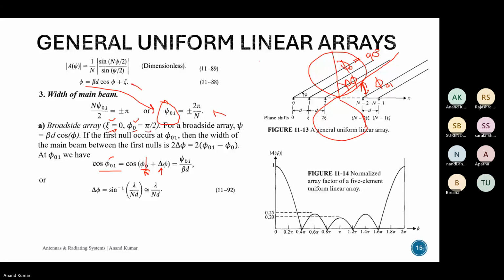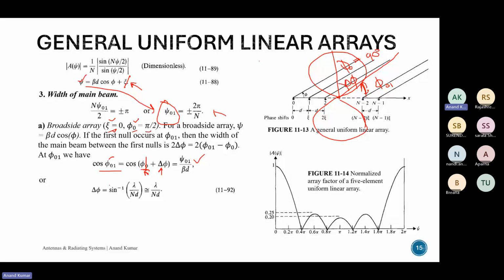So xi was 0, and cos phi was psi 1 by beta d. This is psi 0 1 by beta d, so sine delta phi equals psi 0 1 by beta d.